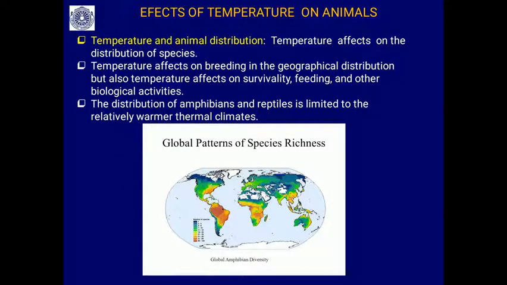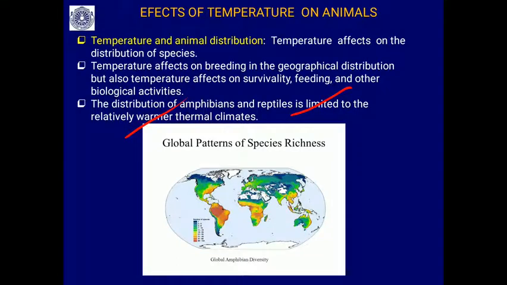Temperature also affects animal distribution. Temperature affects breeding and the geographical distribution of animals. Survival and feeding, all these biological activities depend on the temperature of the environment. The distribution of amphibians and reptiles is limited to relatively warmer thermal climates.